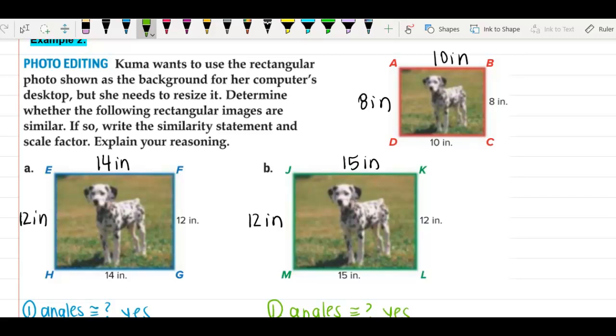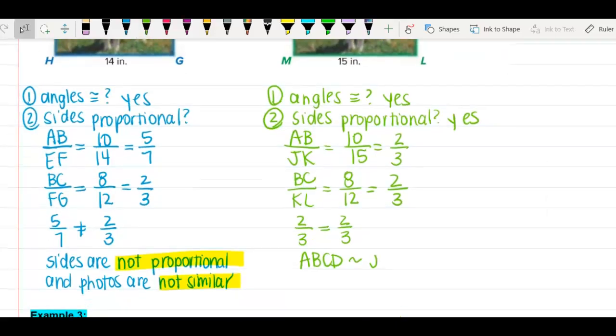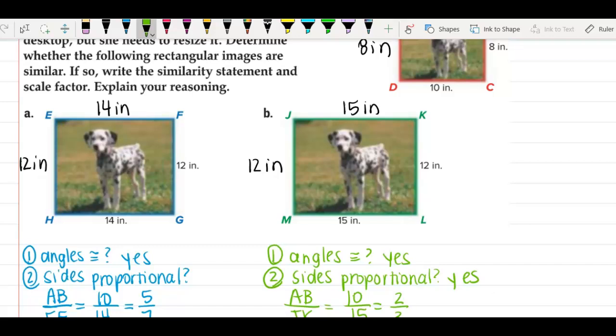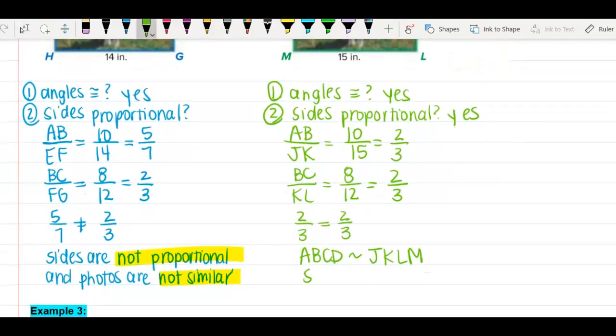So in my green one, the upper left corner would be J, then K, L, M. So I would say similar to J, K, L, M. And it asked for the scale factor, so our scale factor is 2/3. So that's how the polygons are similar, and that is our scale factor.